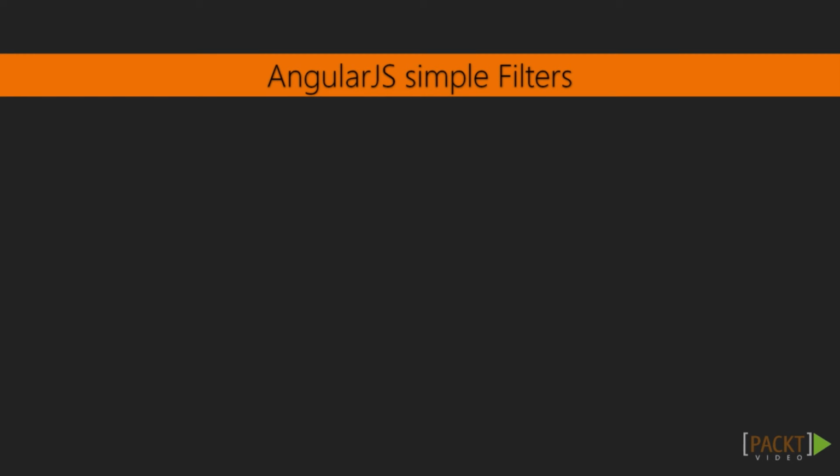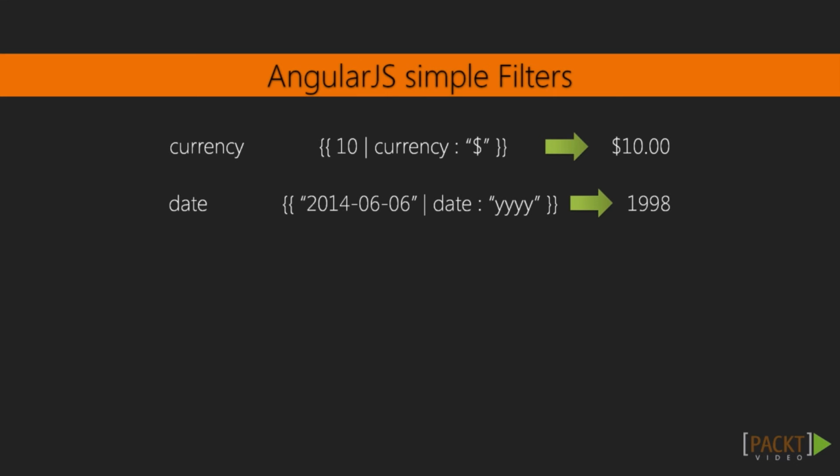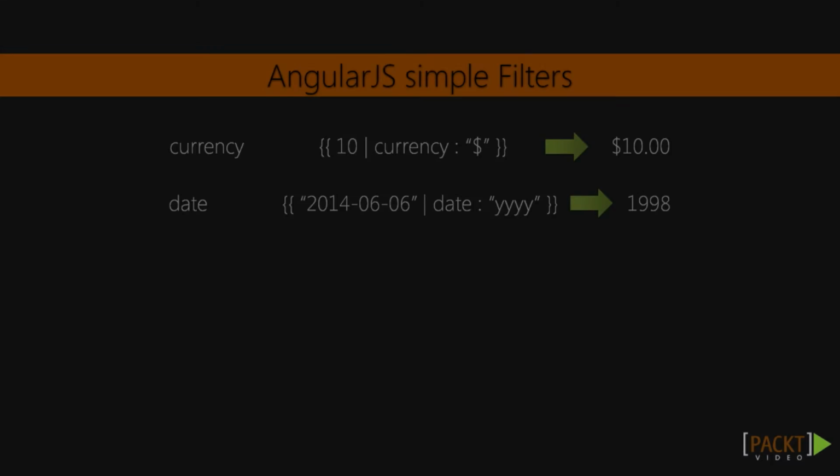Starting by the simpler ones, Angular has filters to deal with currency, dates, formatting numbers, and letter case. Those are respectively the currency filter that by default will set your number to dollars, but can use different symbols if you pass the symbol as a parameter. The date filter that will format your date in any way we specify in the format parameter.